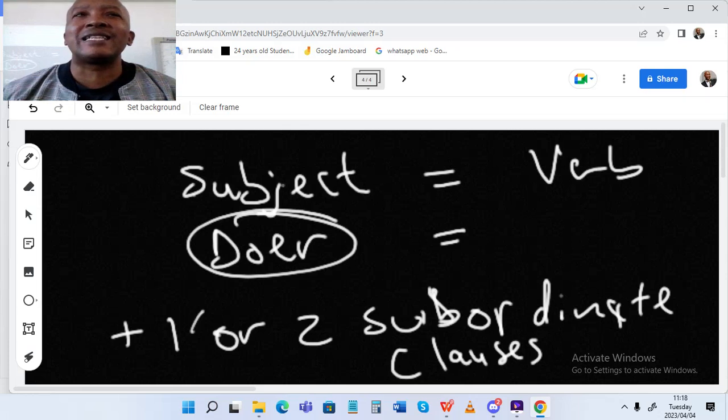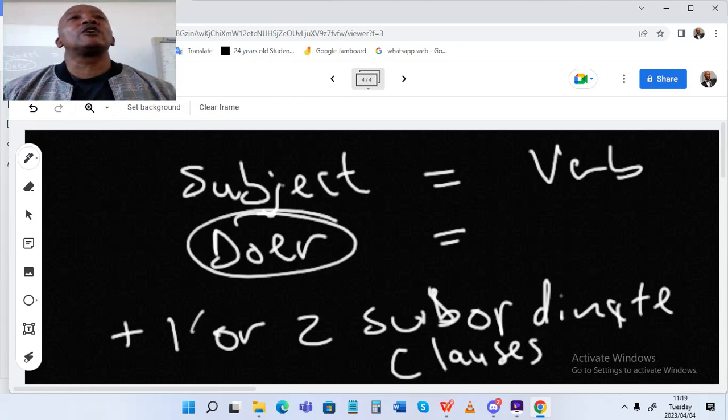Now can you see, because he studied hard cannot stand on its own. That's the subordinate clause. The main clause is Daniel got good marks. Got it? So you can't just say, because he studied hard, you're thinking, something's missing. You have to give me the main clause in order for me to fully understand it.